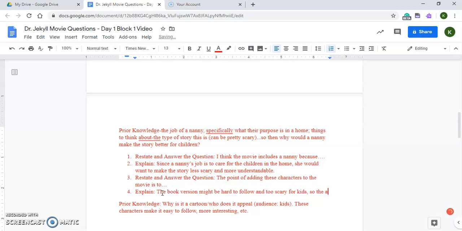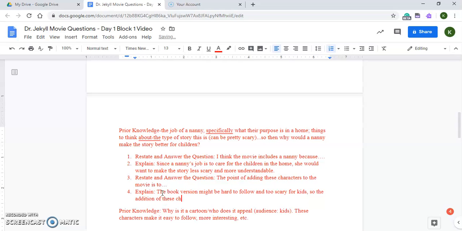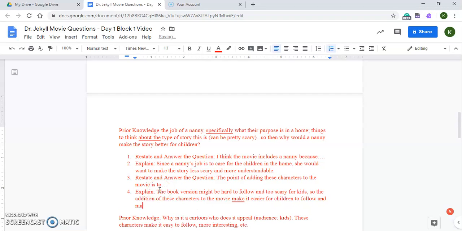So the addition of these characters to the movie make it... instead of saying that, sorry, I'm kind of thinking as I write, but so the addition of these characters to the movie make it easier for children to follow and maybe not so scary when Dr. Jekyll tests his theory.